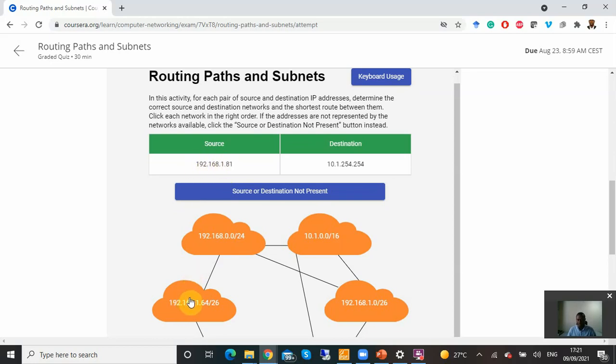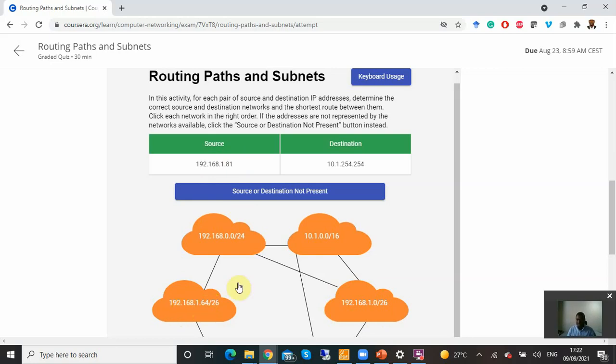This is correspondent. Let's take a look at this one. 192.168.1 is 0. But again, this will be wrong because 0 and 81 are far apart compared to 64 and 81. This is 81. This is 64.